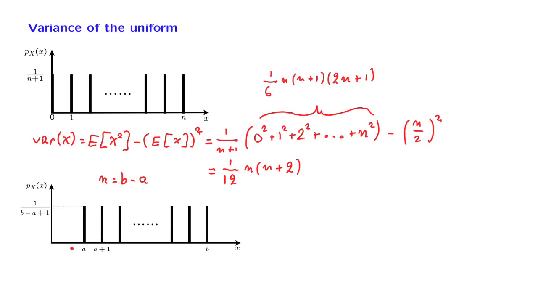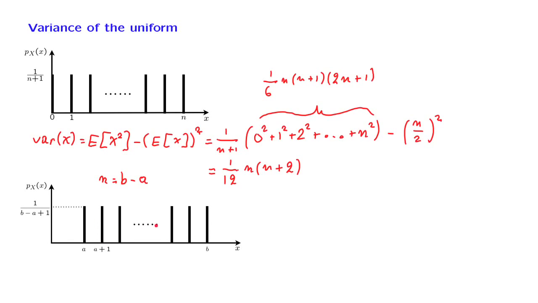The only difference is that the second PMF is shifted away from 0 and it starts at a instead of starting at 0. Now, what does shifting a PMF correspond to? It essentially amounts to taking a random variable, let's say with this PMF, and adding a constant to that random variable. So if the original random variable takes the value of 0, the new random variable takes the value of a. If the original takes a value of 1, this new random variable takes the value of a plus 1, and so on.